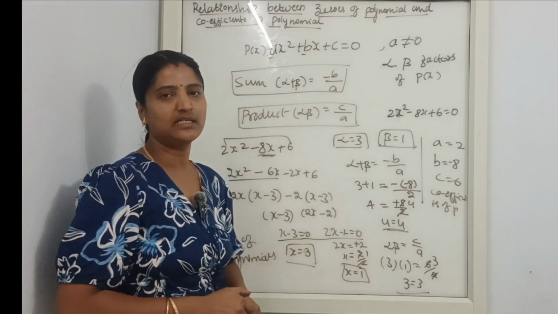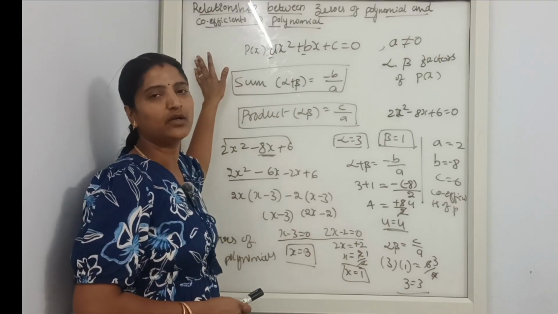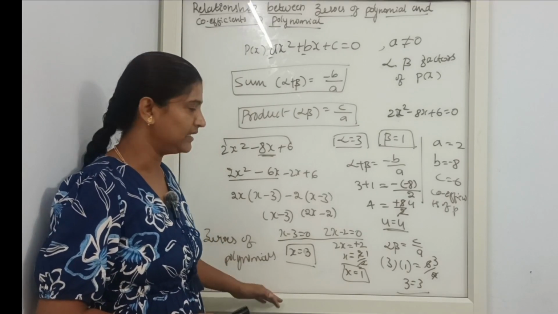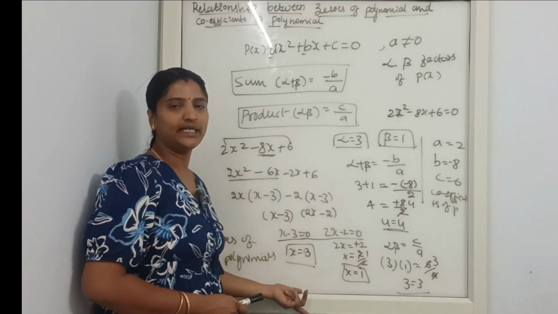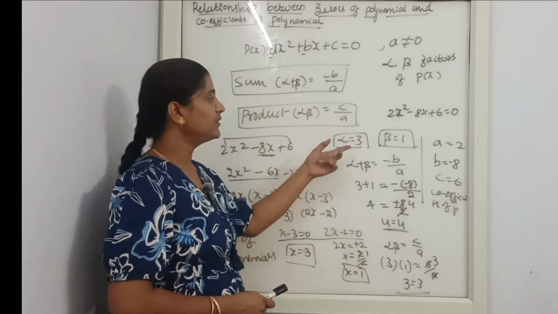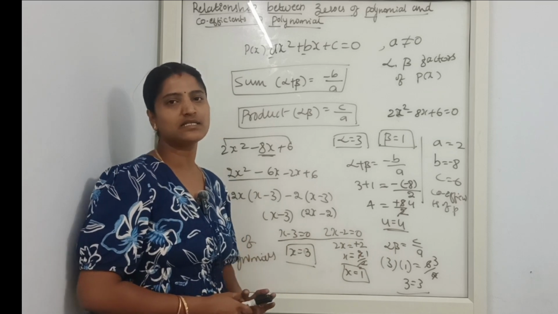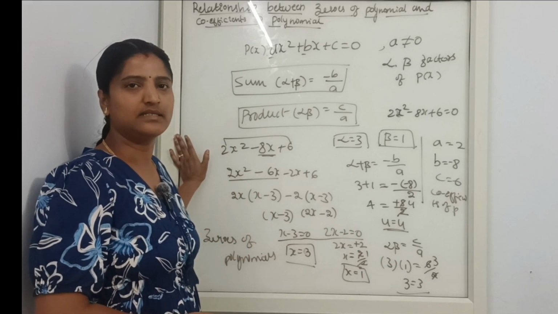By this we should understand the relationship between the zeros of the polynomial and the coefficients of the polynomial. Both should come equal. Once we equate the given polynomial to 0 to find the factors, and substitute for the sum and product of coefficients formula, we will get the same. Clear? Based on this only the first exercise is there for you.